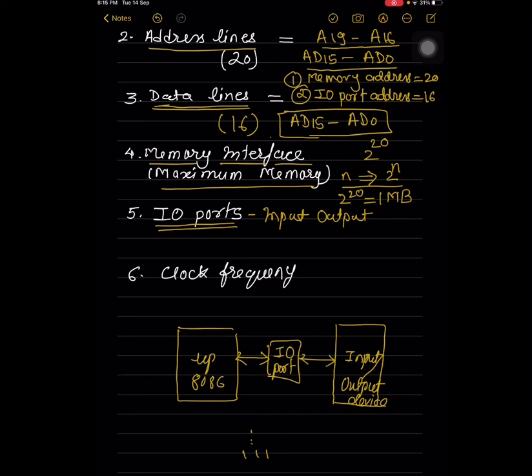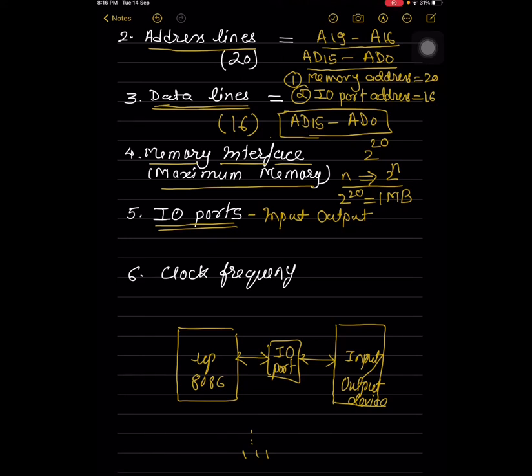Any input output device cannot be directly connected with the microprocessor, but it can be connected through an input output port. Now as we have the memory address, where every memory location has a separate address, in a similar manner all the input output devices connected with 8086 through input output ports will also be identified by their address.